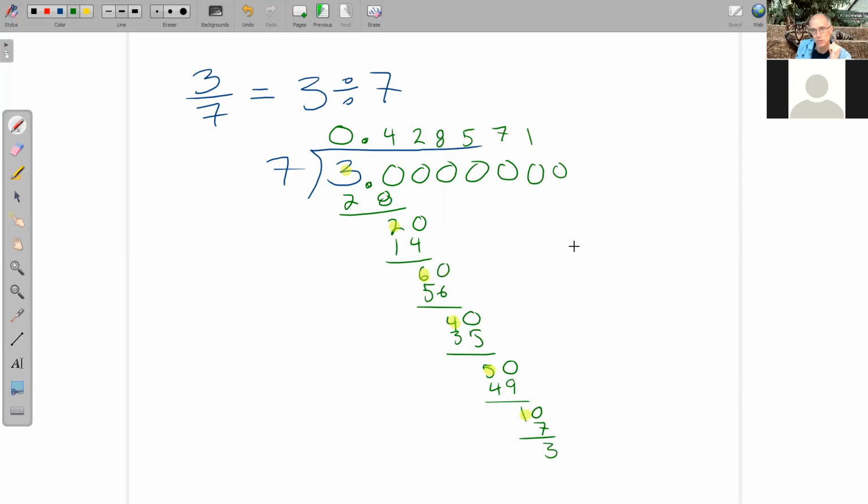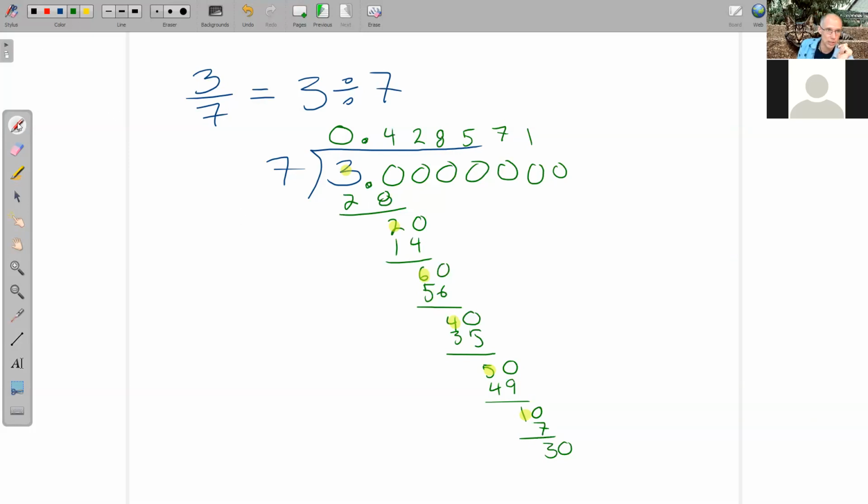Do I need another 0? 7 goes into 30. That sounds familiar. Oh, we did that right here at the top. So it turns out that initial 3 up here is part of my remainder because it is a fraction, part of this whole 7.